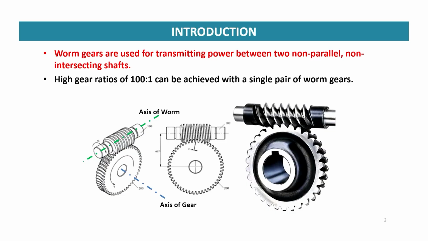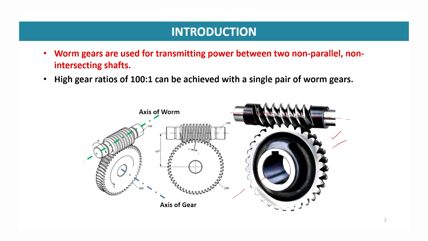So let us start. In this figure a worm gear is shown with the axis of rotation of the worm, this one, and the axis of rotation of the meshing gear is this one. The green color axis is for the axis of the worm, and the blue color axis is the axis of the gear.